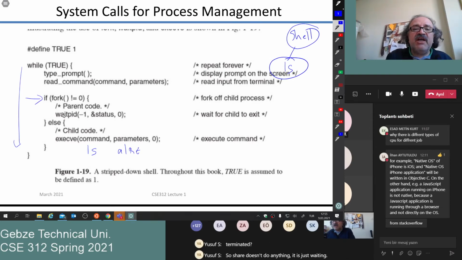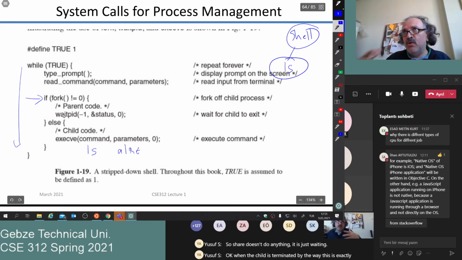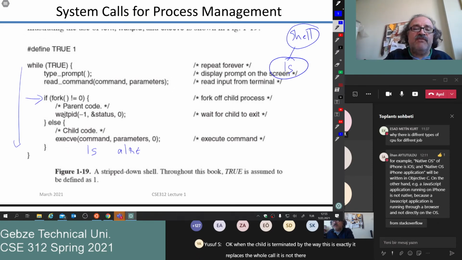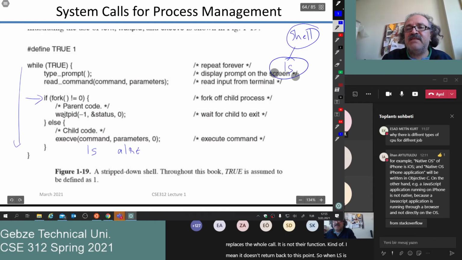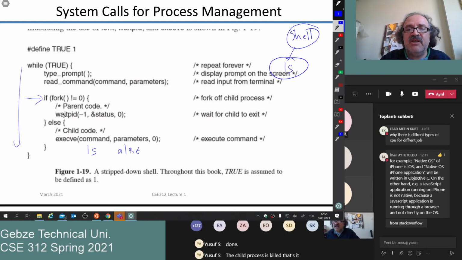By the way, this exec VE replaces the whole core. It is not like a function, it doesn't return back to this point. So when ls is done, the child process is killed. That's it, because the child process exits.